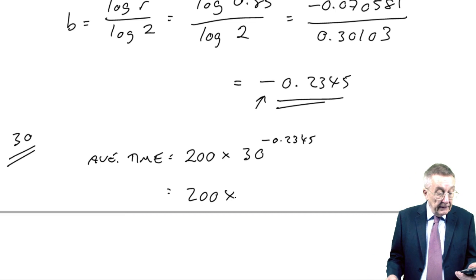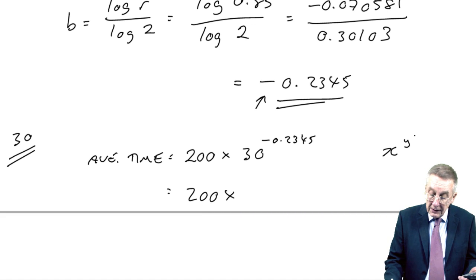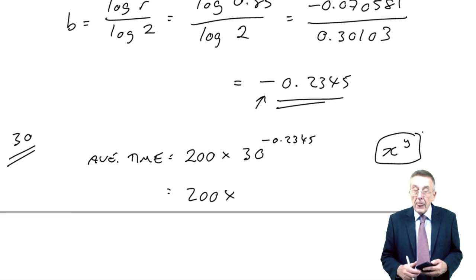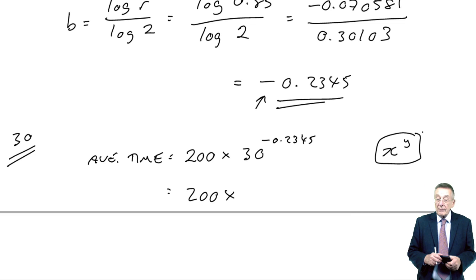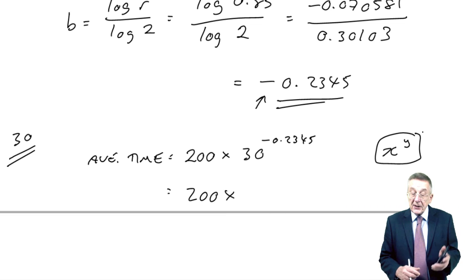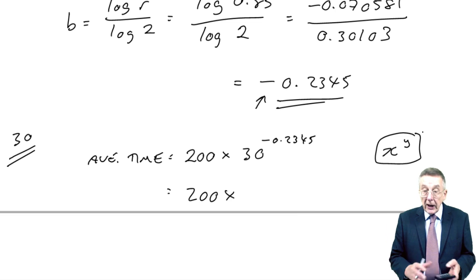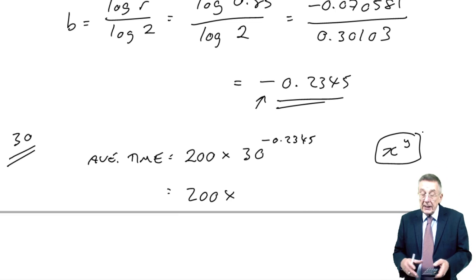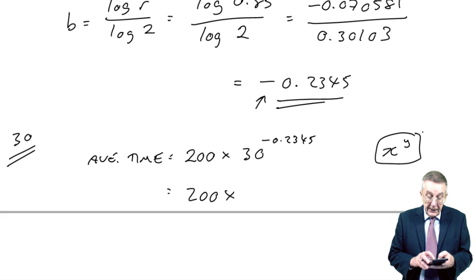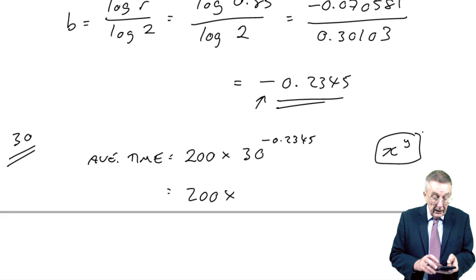Certainly in my calculator, I have a button on it which says x to the power y. I'm going to use that. Now, I'll tell you what I need to press on my calculator in a minute. But have a go, and then if you can't sort it out, I'll write down what I key in. But 30 to the power.